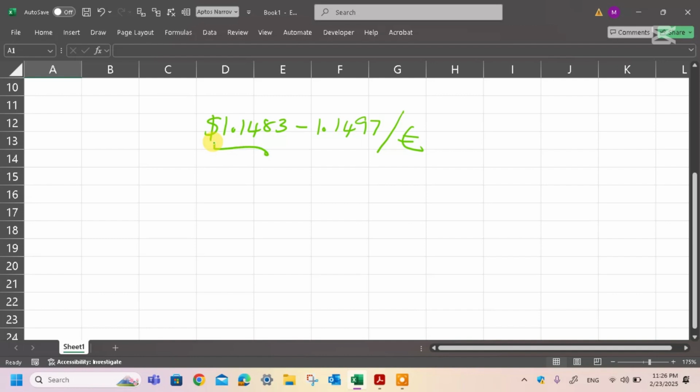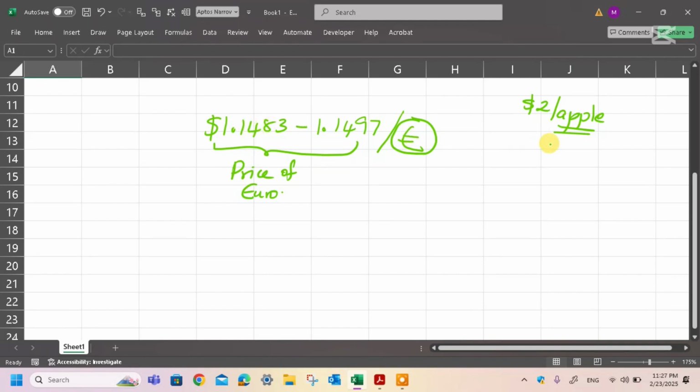Understand, this is the price of euro they are talking about. If somebody says $2 per apple, they're talking about the price of apple, isn't it? So per what? Per euro. This is the underlying asset of which the price is given here.